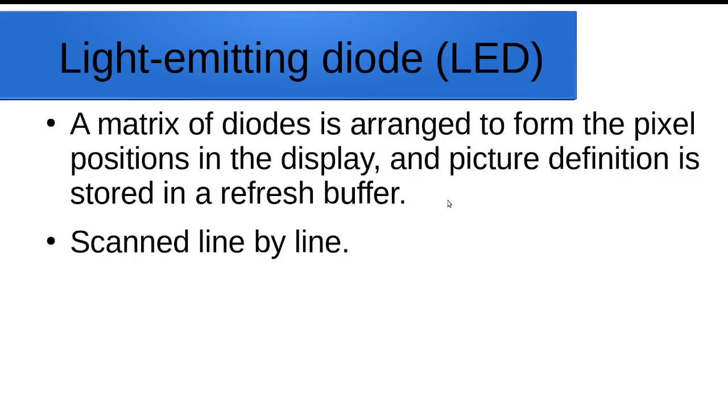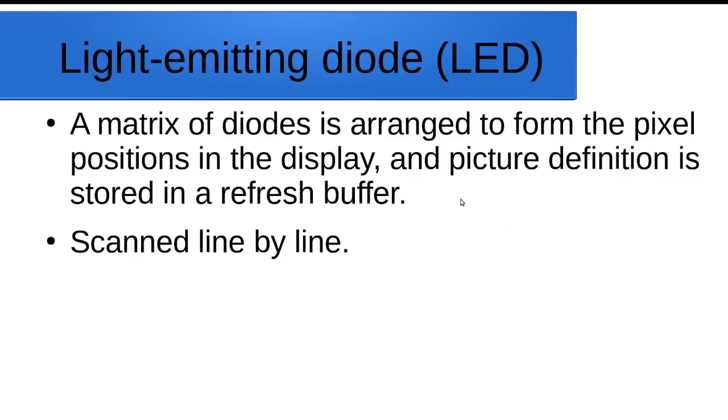You understand there will be a refresh buffer where the patterns of the picture will be stored, and accordingly we scan line by line, and the patterns of that refresh buffer are reflected to these diodes in terms of voltage levels, and because of these voltage levels applied to the diodes, a light pattern is displayed. So this is the story of light emitting diodes.